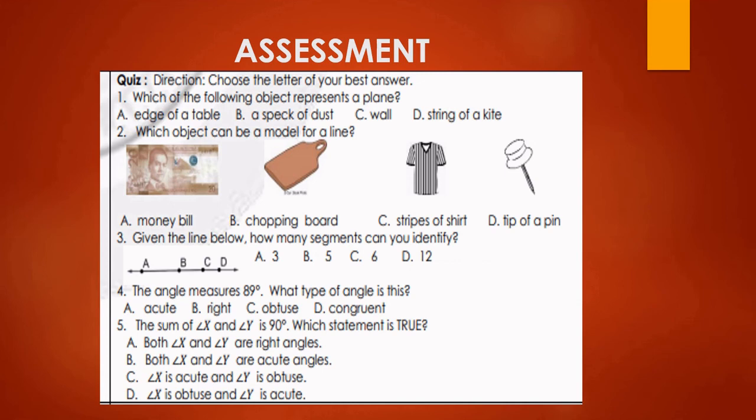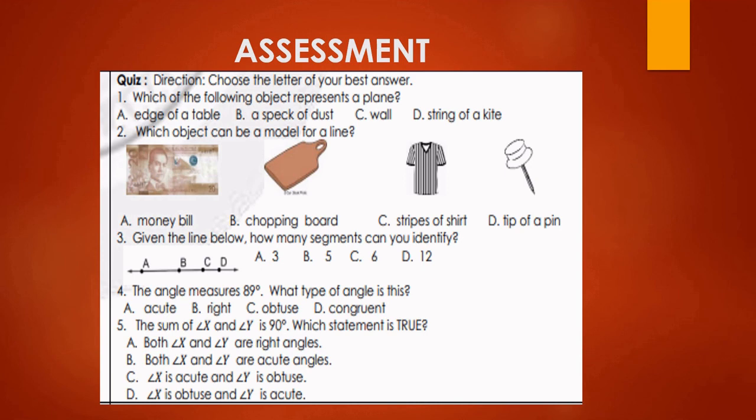A, 3. B, 5. C, 6. D, 12. Number 4. The angle measures 89 degrees. What type of angle is this? A, acute. B, right. C, obtuse. D, congruent.